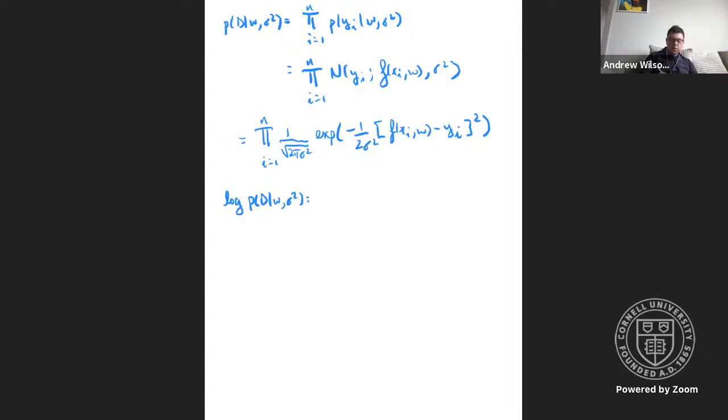And so we're going to get minus 1 over 2 sigma squared times the sum from i equals 1 to n of y_i minus f of x_i, w, squared, minus n over 2 log 2 pi sigma squared. Okay, so now let's consider the negative log.